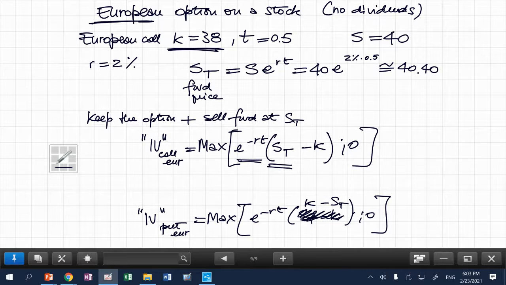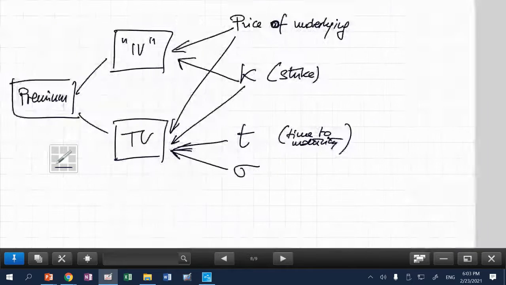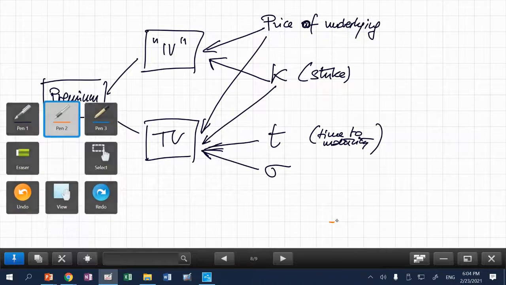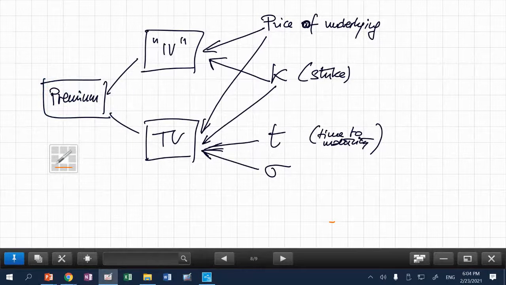Now, what does this imply from the point of view of the factors that are affecting the premium? So this is what we have for the American option on the future. Imagine I add with a different color what happens in the case of the European option on the stock. First element, on the elements that we have now, which is an element that did not play a role on intrinsic value and plays a role now?